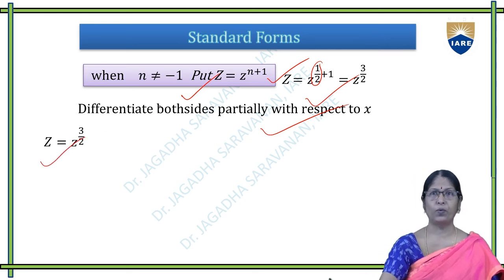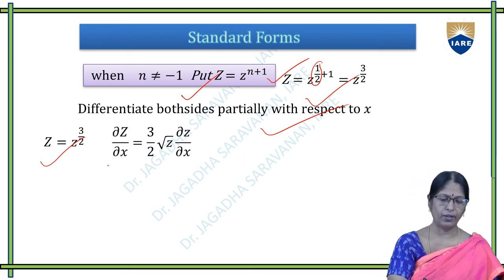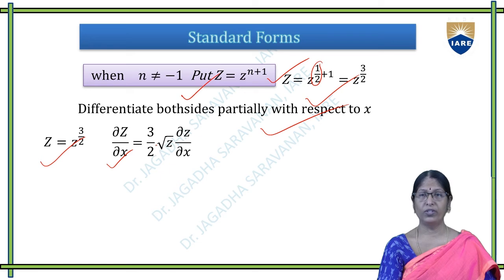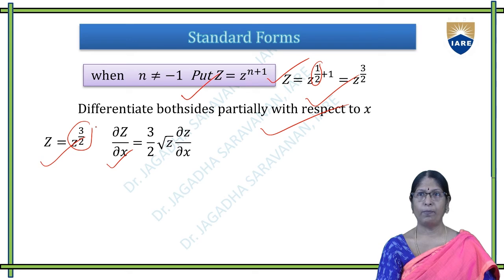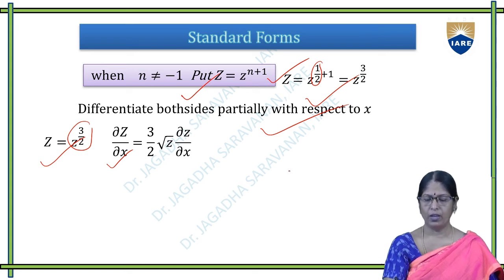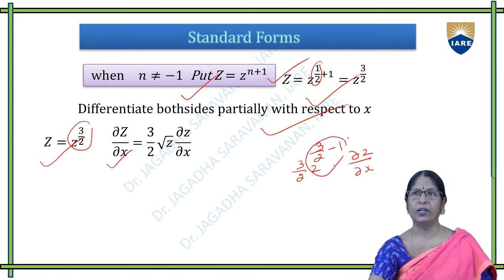The capital Z equals z power 3 by 2, so dou capital Z by dou x equals, here we have to do it partially with respect to x, 3 by 2 z power 3 by 2 minus 1 into dou z by dou x. Here this part, z power 3 by 2 minus 1, is nothing but z power 1 by 2.